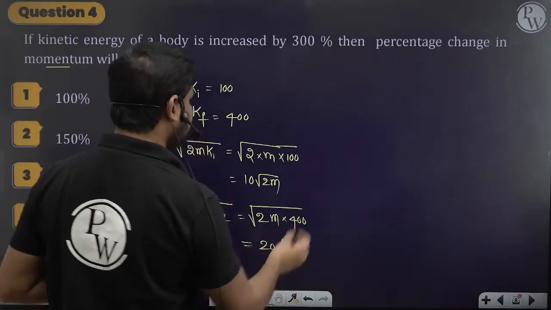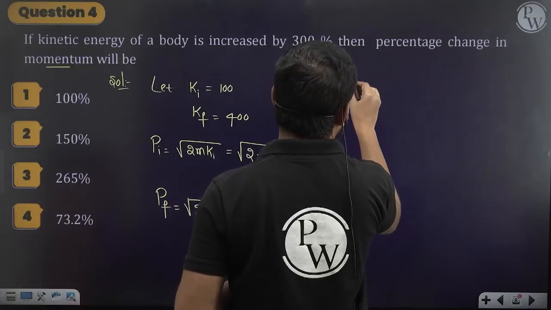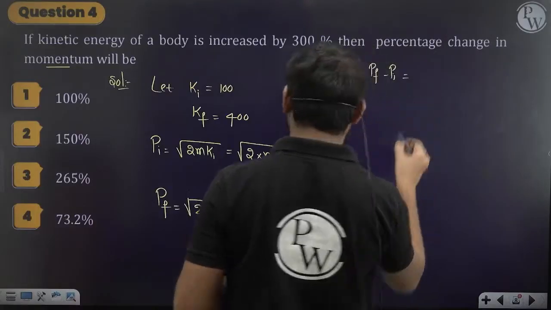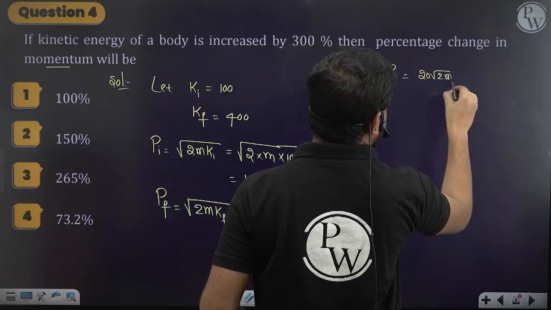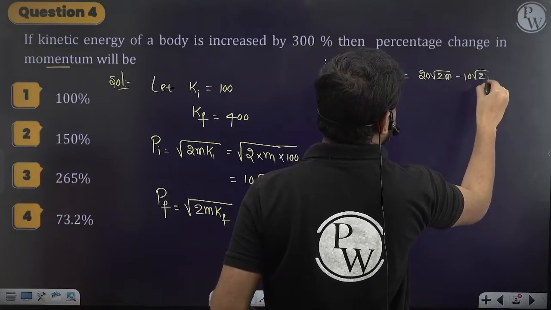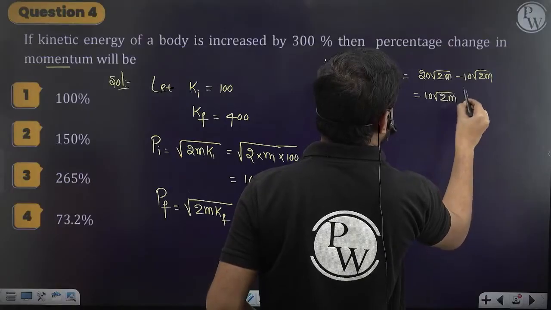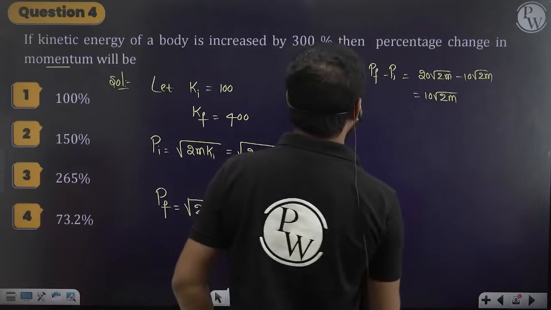Can we find the change in momentum here? The final momentum minus the initial momentum. What is the final momentum? 20 root 2m minus 10 root 2m, which is nothing but 10 root 2m, right? Sure. So this is the change in momentum.